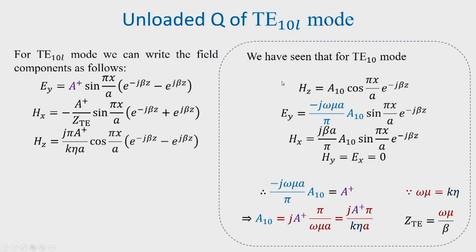These expressions we have already seen earlier, and using them we can write the Ey, Hx and Hz field components in the form shown here. It may be noted that in these expressions we are only considering the waves which are travelling in the plus z direction. In a cavity we consider the waves which travel in the plus z as well as minus z direction.